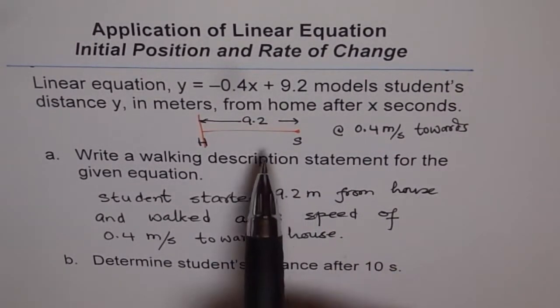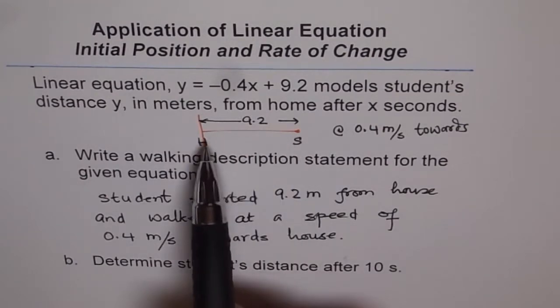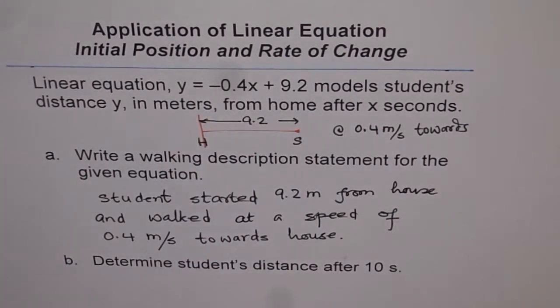So with time, distance is going to decrease, and that is why this is minus here. So that could be a description statement for the given equation, correct?